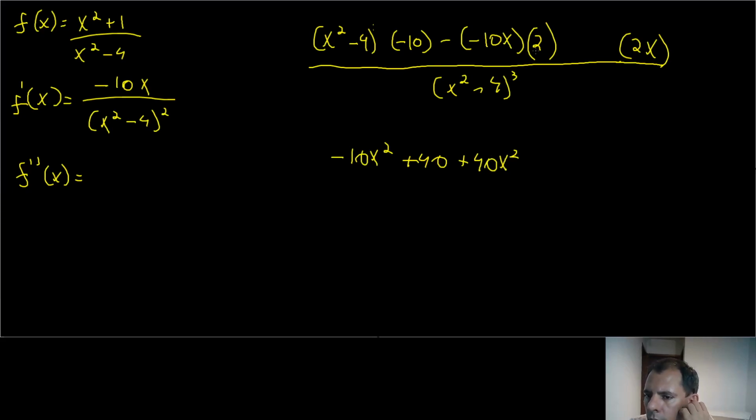Okay? 4x times 10x, 40x squared. Alright, divided by this. So 40x squared minus 10x squared is going to be equal to 30x squared. Yeah. So it's 30x squared plus 40 divided by that. I'm going to put that later.